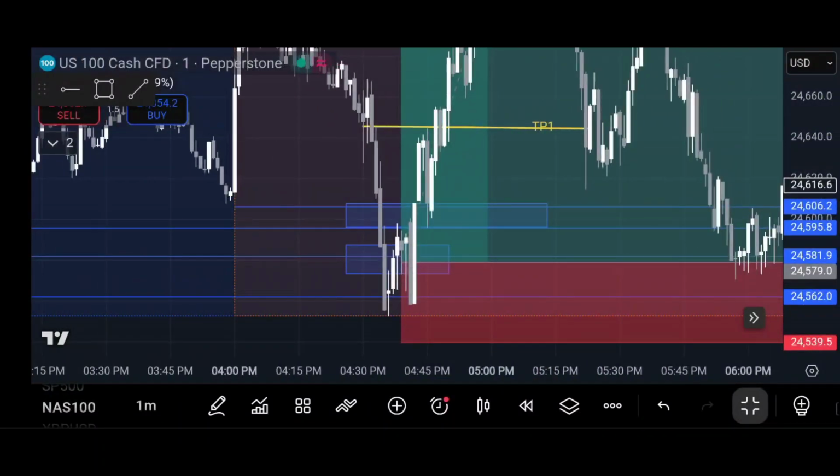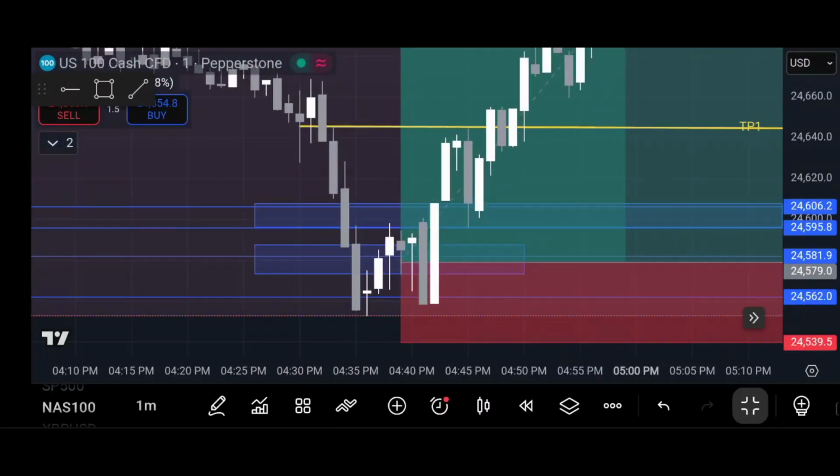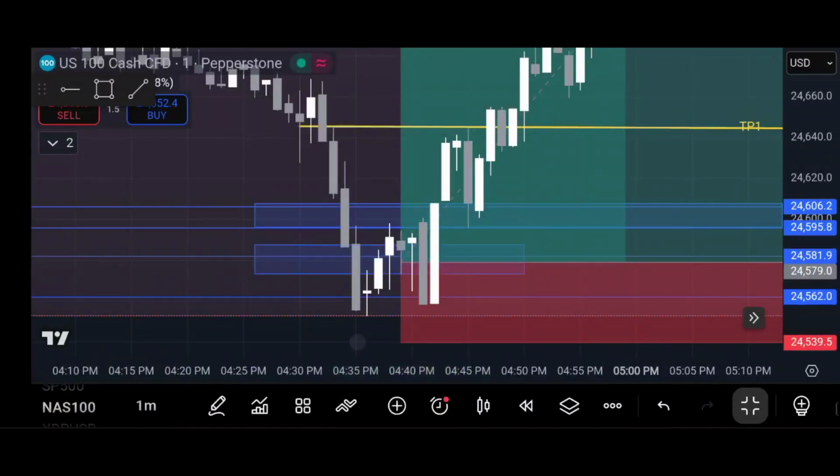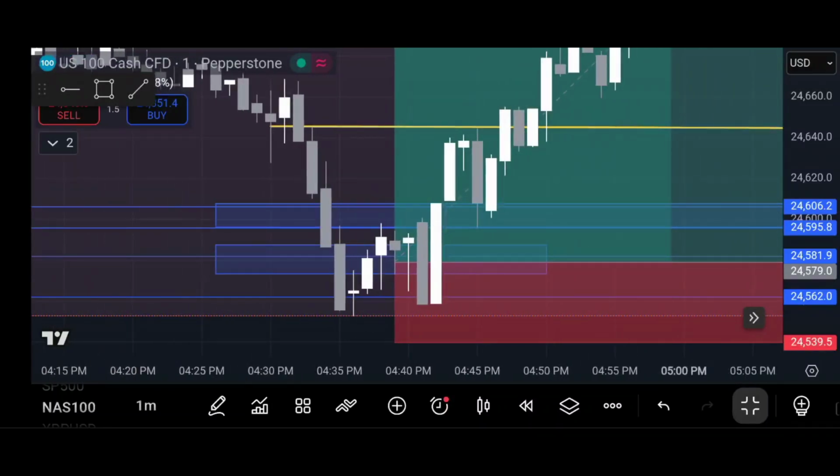You can see the 1 minute fair value gap I drew. Here there are two inverse fair value gaps. In the first one, the price broke out and gave a candle close above it. You can see a bullish candle, the white one, above the inverse fair value gap. So we are good to go for our entry.